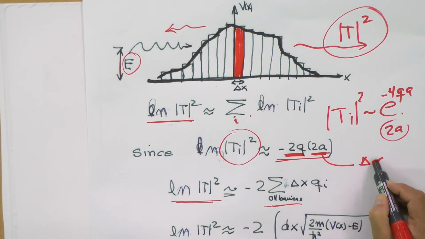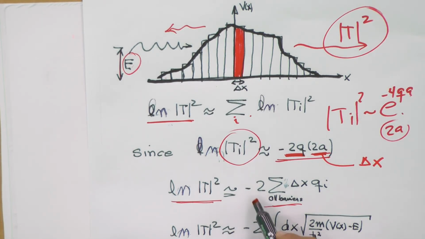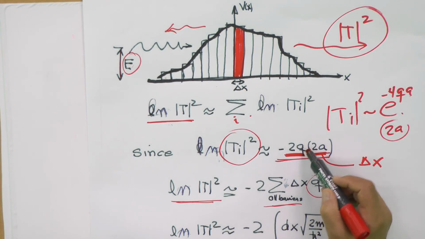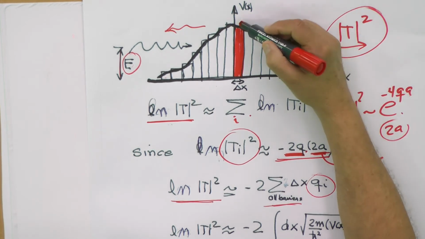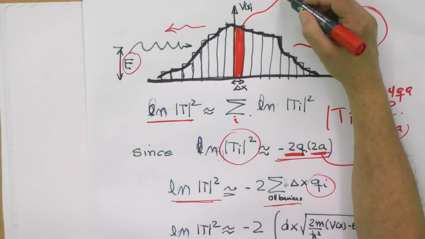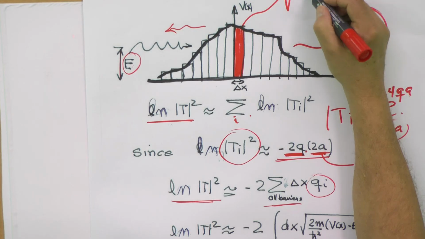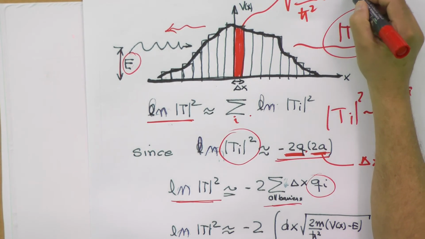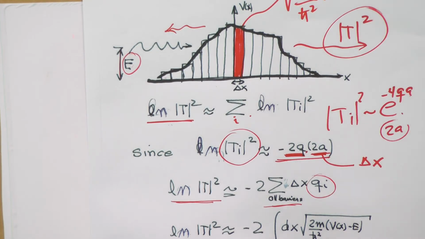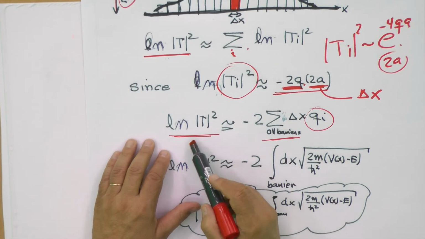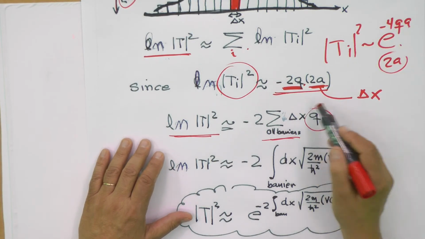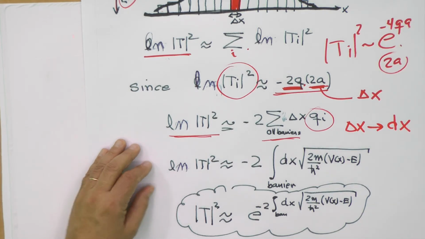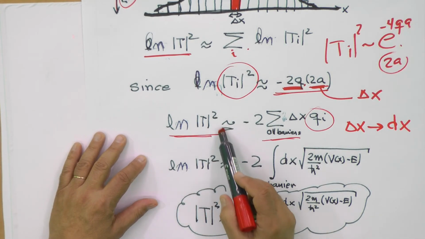This is delta x times minus 2 times the q of each barrier. And the q of each barrier, we already saw, is the square root of 2m divided by h bar squared, times V of x minus the energy.